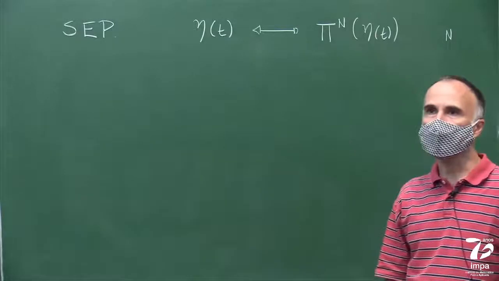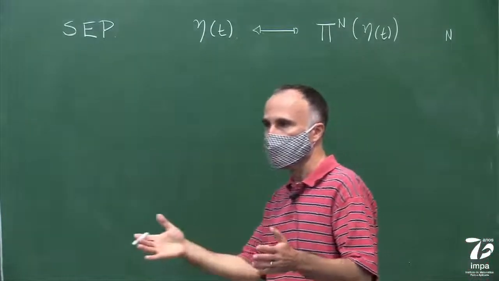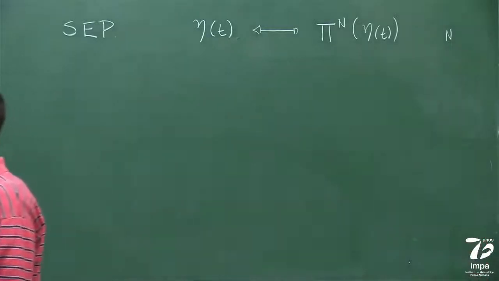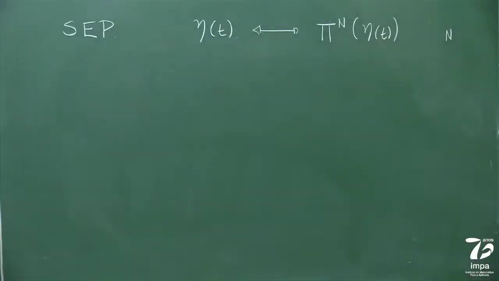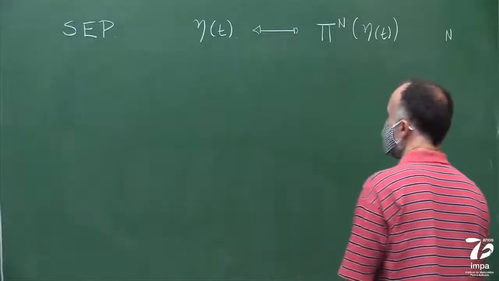So there is a one-to-one relation between these measures, which are combinations of Dirac masses at points of lambda n, of Dirac mass of weight 1 over n, and my configurations.